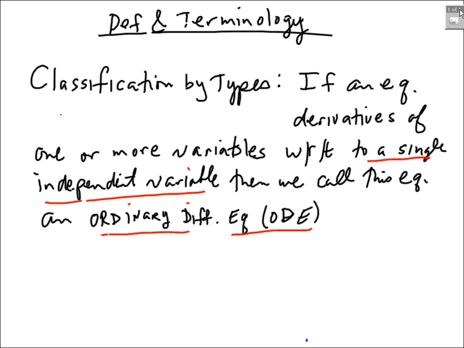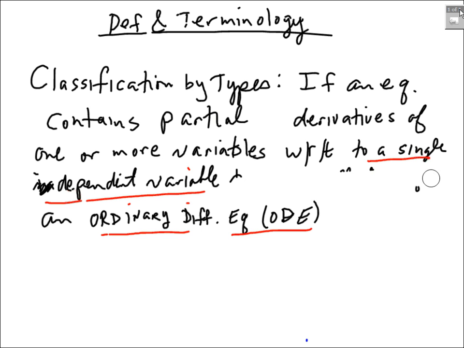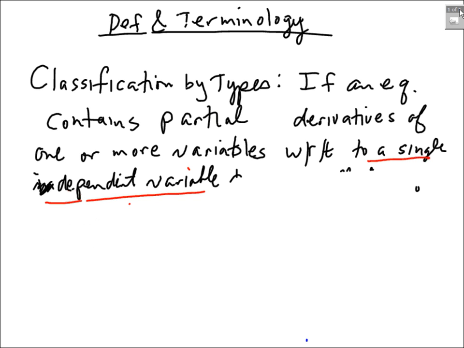If an equation contains partial derivatives of one or more dependent variables, so let's see what we can do here.